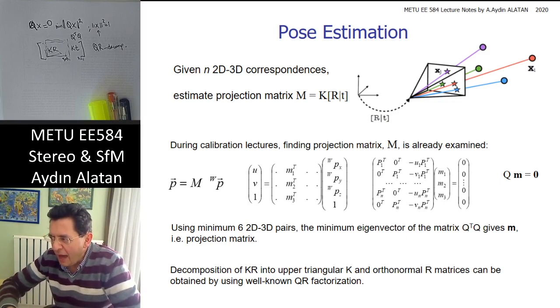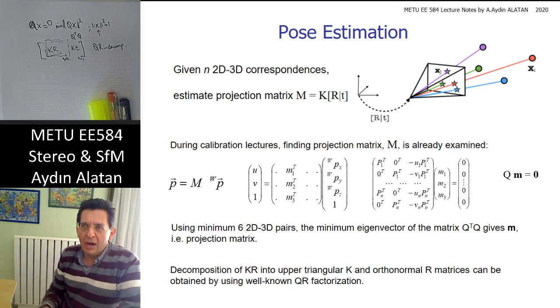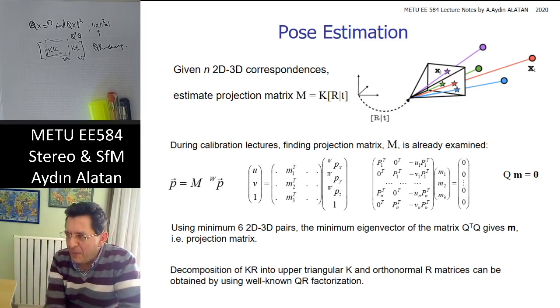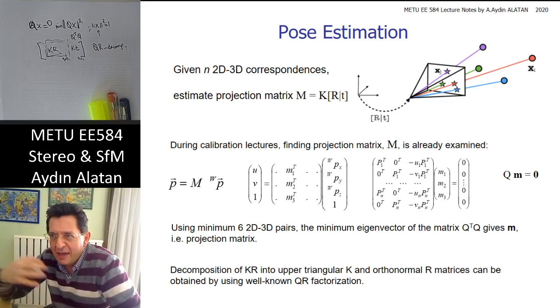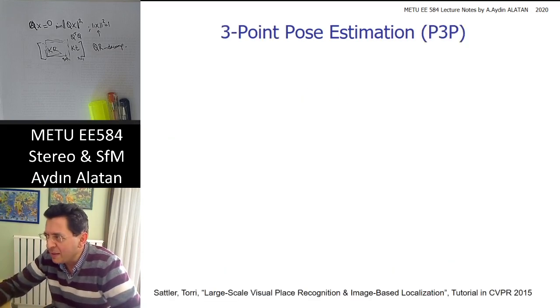Therefore, we have now shown a technique where we can use a minimum of 6 points, but it could be more, to obtain the corresponding pose for a given 3D model and the corresponding pixel locations, and find the pose between two coordinate systems.